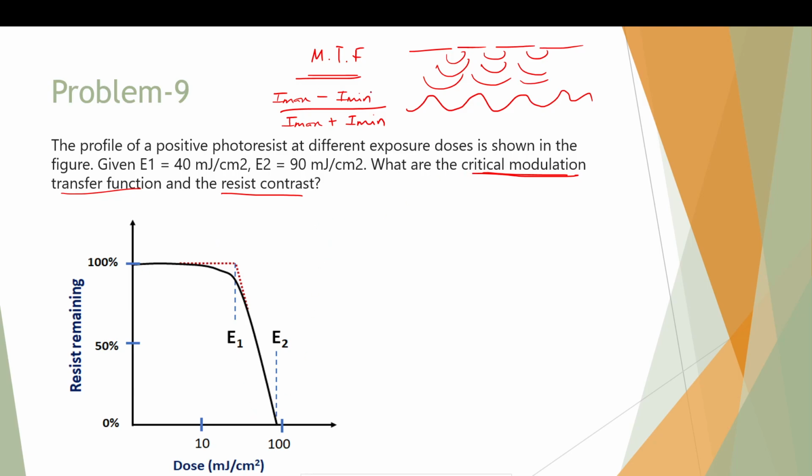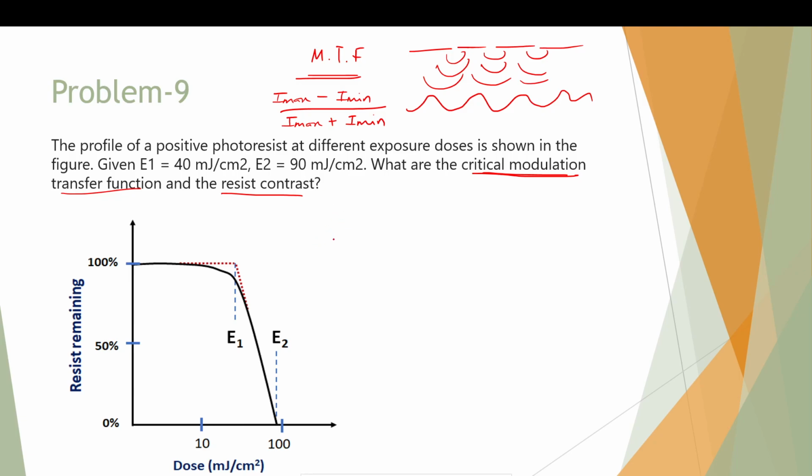The minimum contrast that is required for the resist to change from its hard state to its easy to dissolve in developer state is the critical modulation transfer contrast. We can get it from the resist versus dose curve. The minimum intensity contrast that we require will be nothing but the contrast of these two energies, the full exposure energy and the minimum exposure energy.